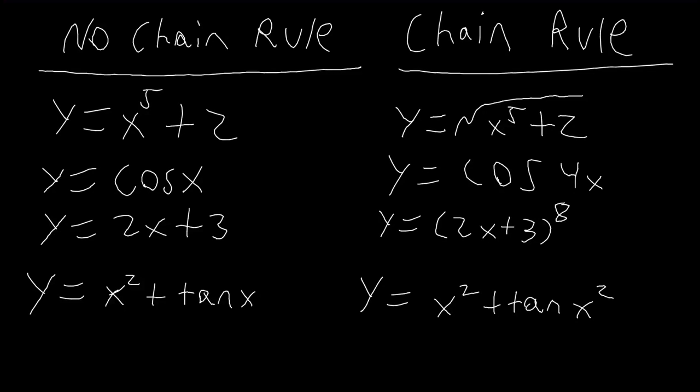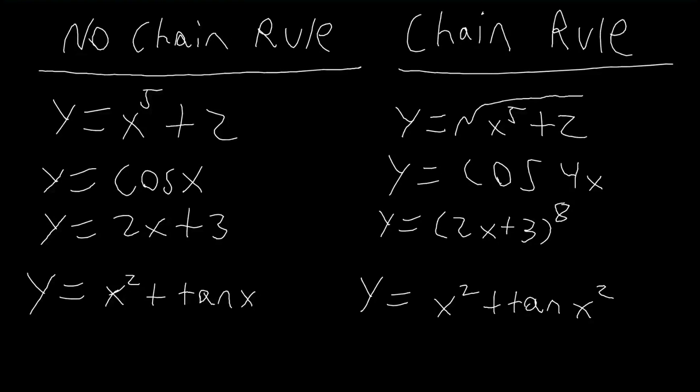As we can see here, for the left column, we can just use the rules we already know to find the derivative, like the power rule and trig differentiation, because there is no function inside of another function. But notice that for the right column, there is an inner function and an outer function. So these outer functions could be something like a square root or something raised to the fifth, or a function like x squared inside a trig function. These are composite functions. So to take the derivative of a composite function, we have to use the chain rule.